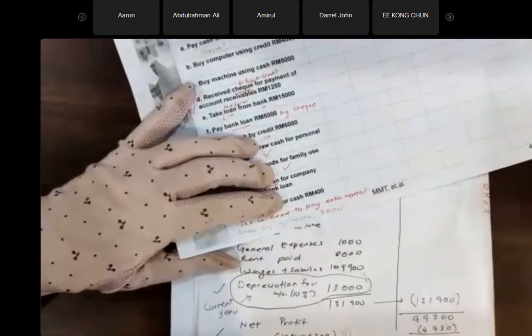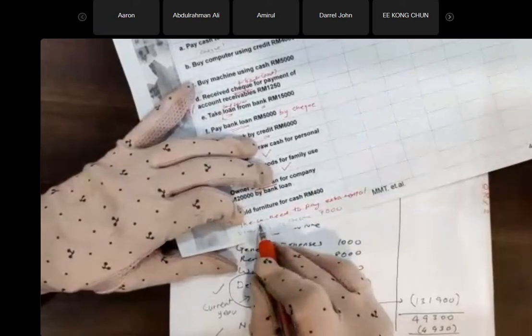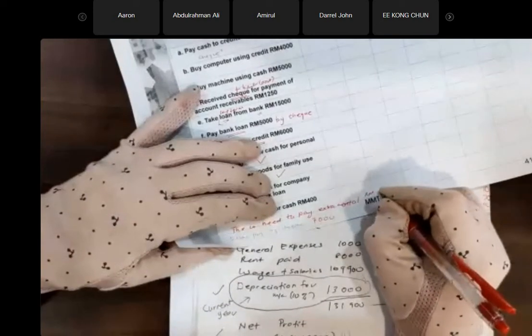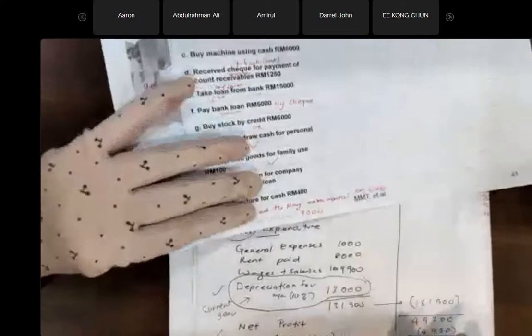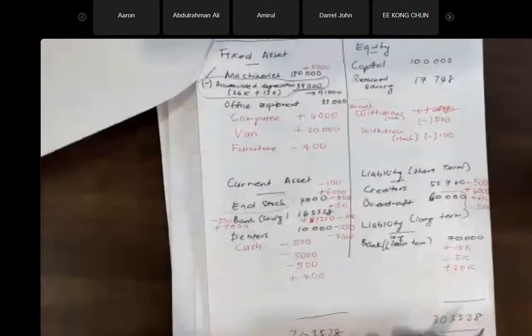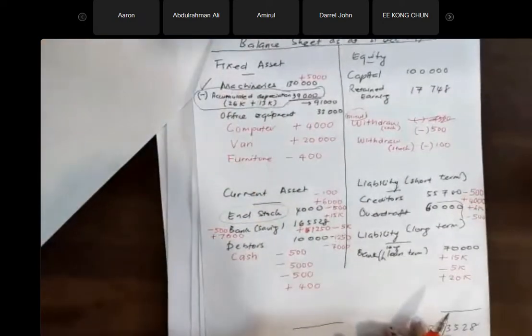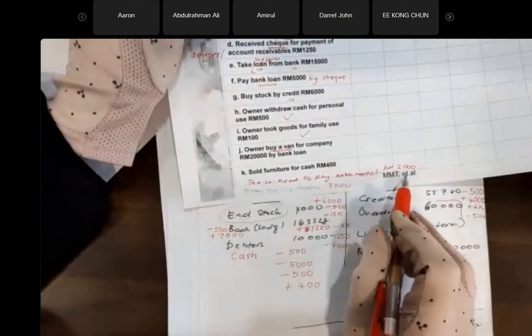Maybe the cost of rental increase, so the company need to pay extra rental, maybe katakan 2,000. Dia kata balance sheet tau, no need to put here. So how to change this part? The company need to pay extra rental 2,000 ringgit.